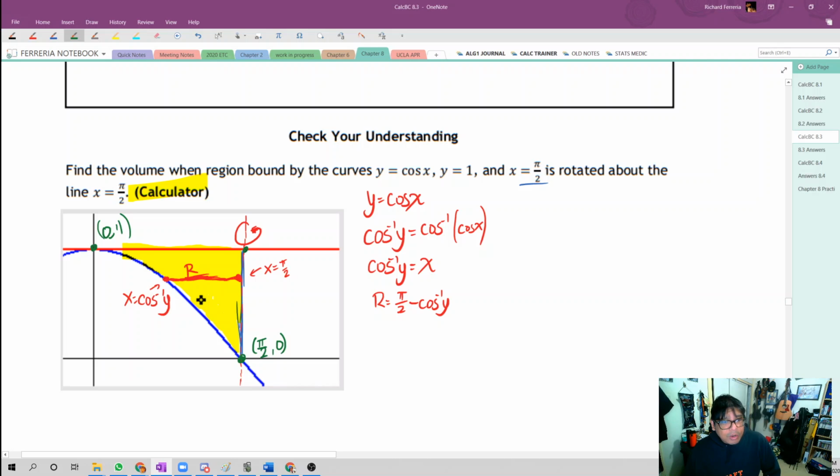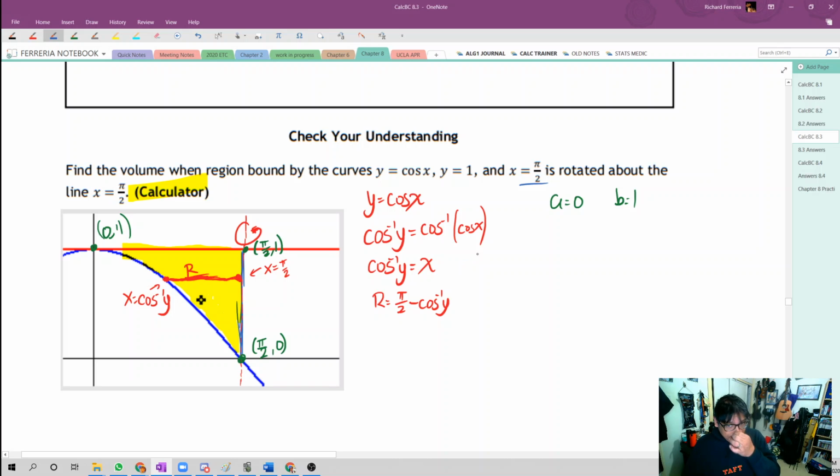And up over here, that's pi over 2 and 1. So my minimum value of y is 0, and my maximum value of y is 1. Great. It looks like I have everything I need to do this problem.